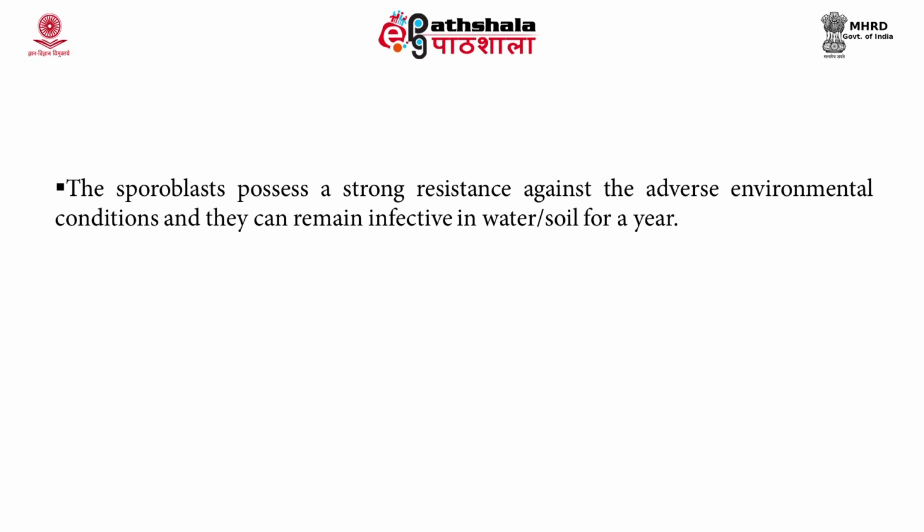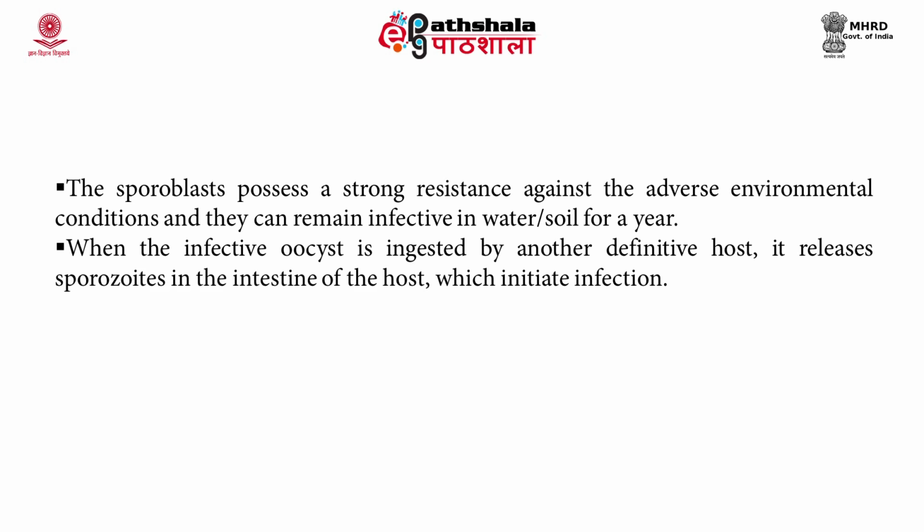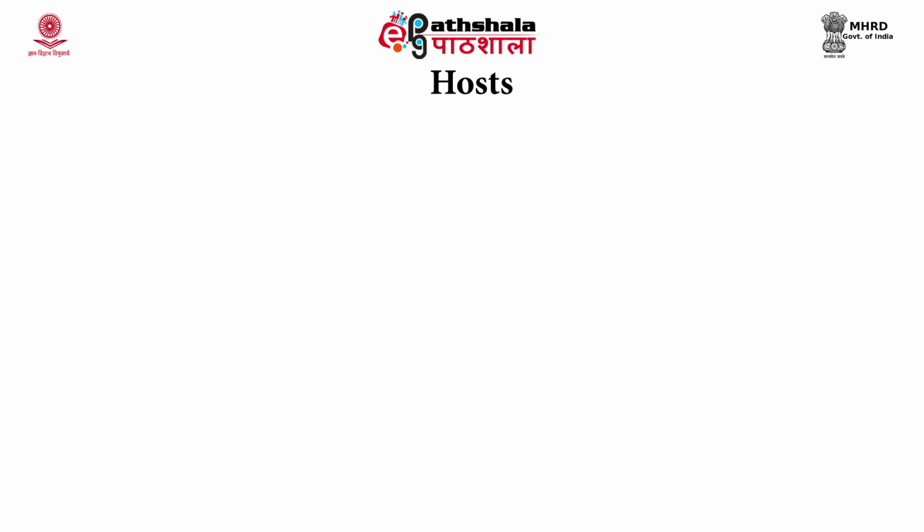The oocysts possess a strong resistance against adverse environmental conditions and they can remain infective in water or soil for a year. When the infective oocyst is ingested by another definitive host, it releases sporozoites in the intestine of the host, which initiate infection. Now we can discuss some hosts.